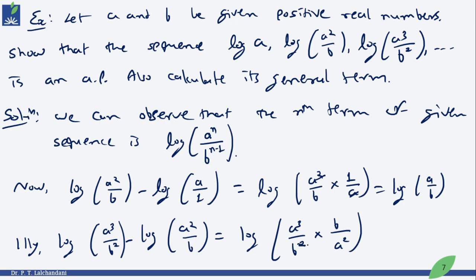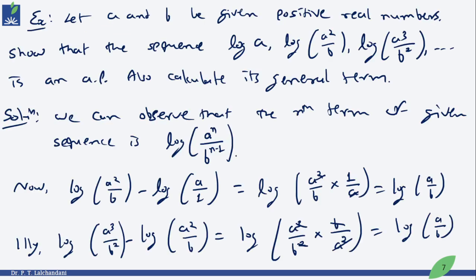You can observe that the power of b is cancelled out, and a squared and a cubed is cancelled out. So what is remaining is only log a upon b.